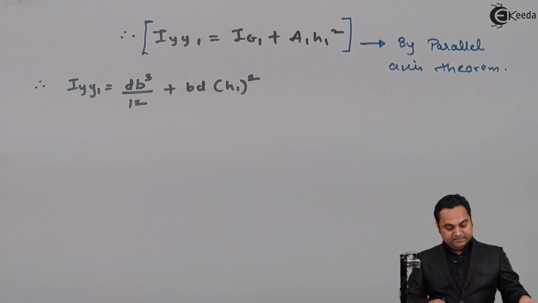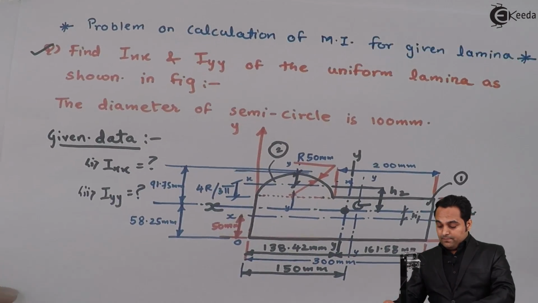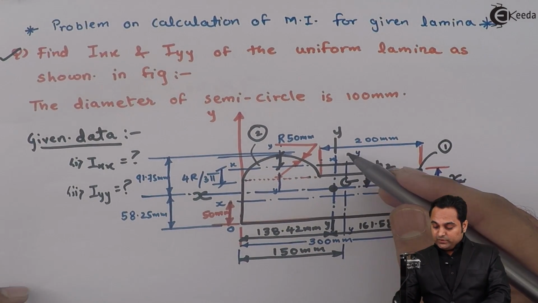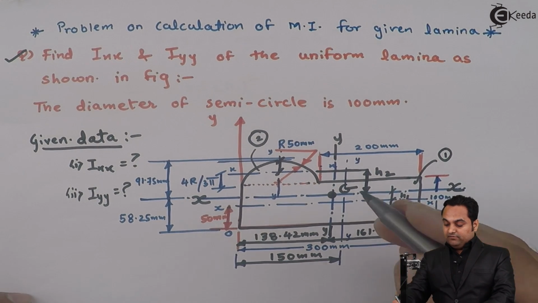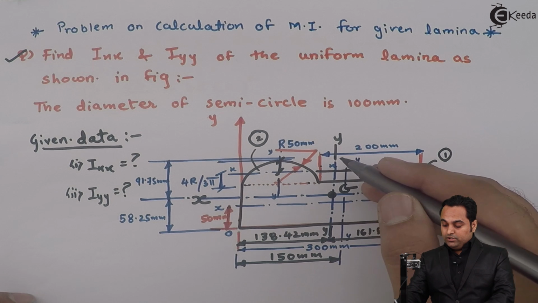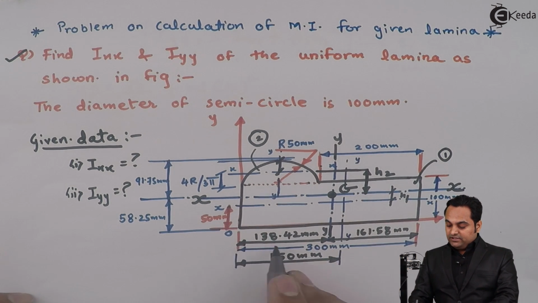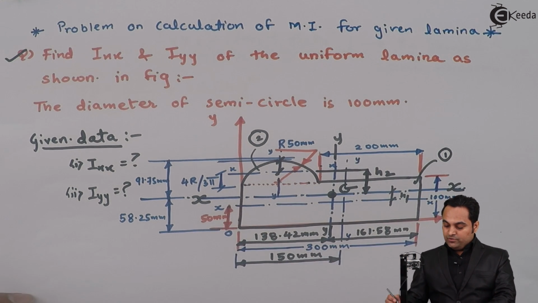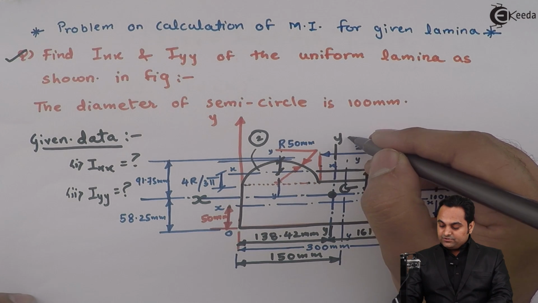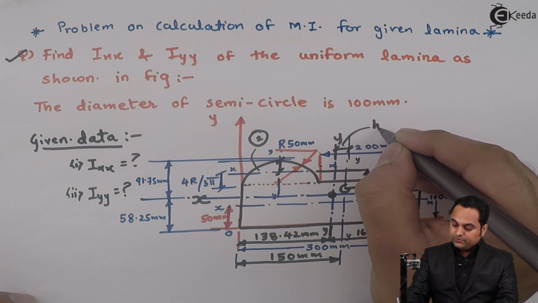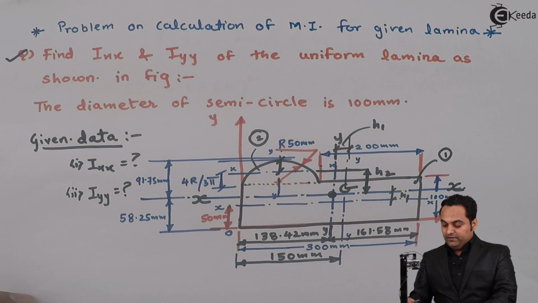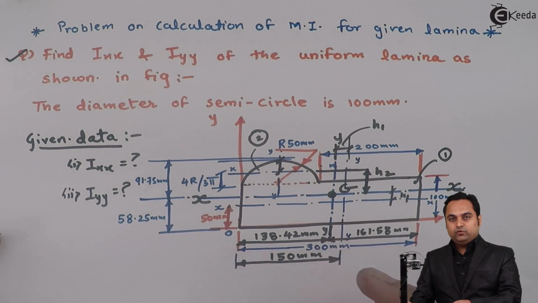Now why we are using parallel axis theorem is that for the first rectangle its y-axis is at 150 mm distance, but the y-axis for the complete figure is at 138.42 mm. So there is difference between these two axes, and this distance is called h1. So it will be 150 minus 138.42.